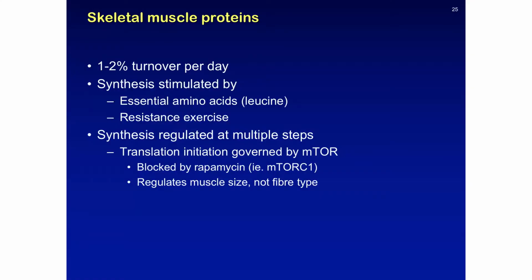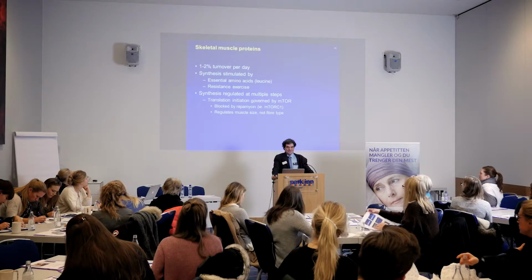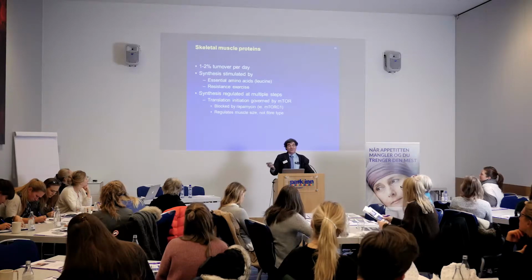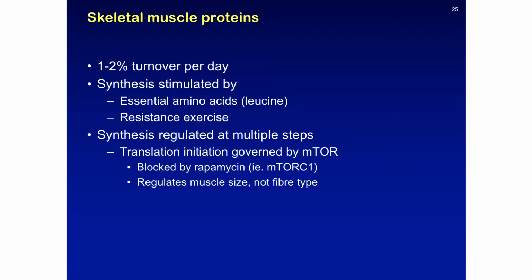And why is that? Well, because muscle is like bone in a way. It is continuously growing, adapting, and adjusting to its exertional load. And it turns over at about 1 to 2% per day.